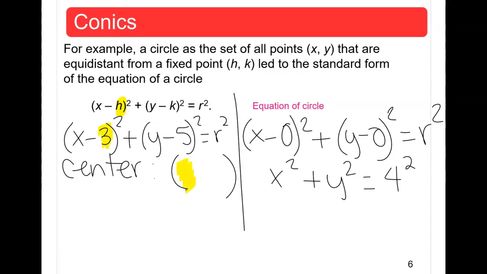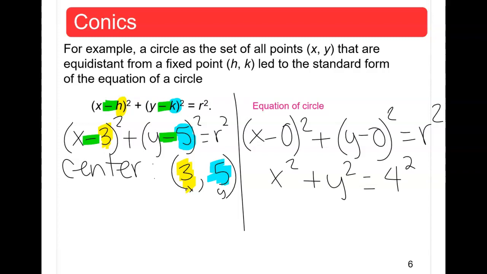So for h, that will be the horizontal coordinate of the center, or the x value. And for the y value of the center, we will take this number that is representing k. So that will be positive 5. And I know I have two negatives there, but the negatives are actually part of the equation. And it's kind of like when you learn about horizontal shifting, it was counterintuitive because of that negative.